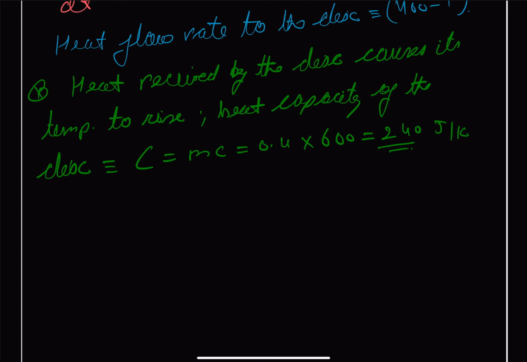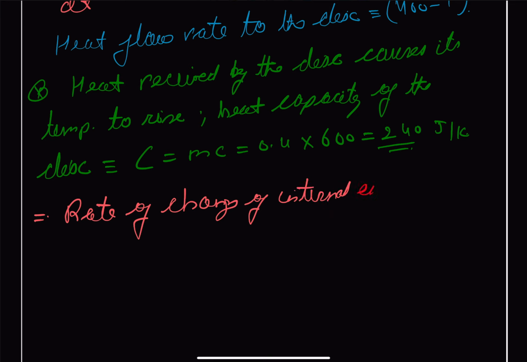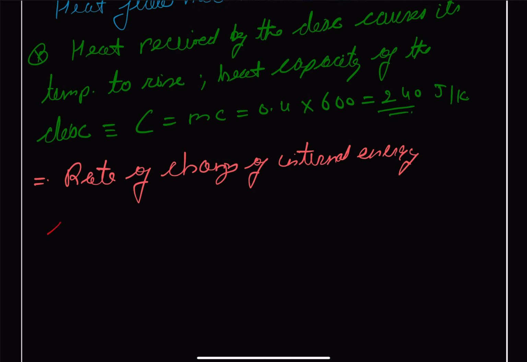So the rate of change of internal energy of the disk is given as capital C times the rate of change of temperature.